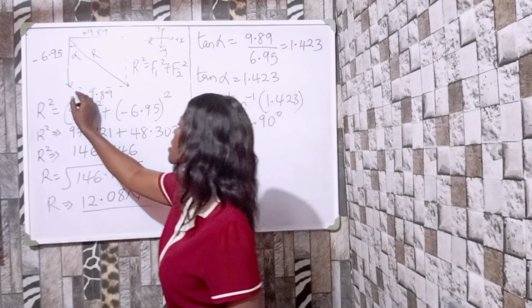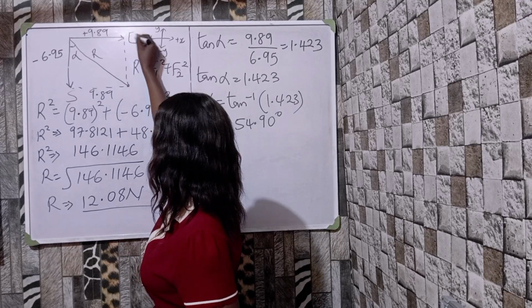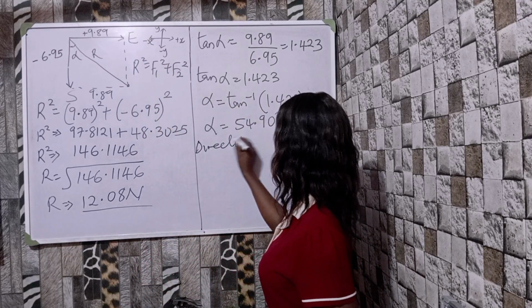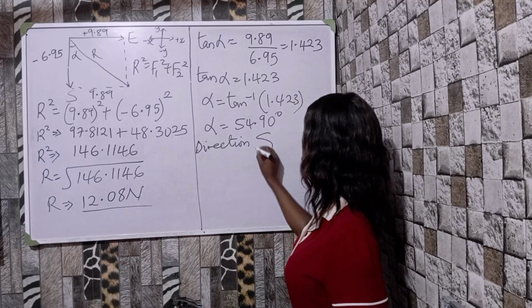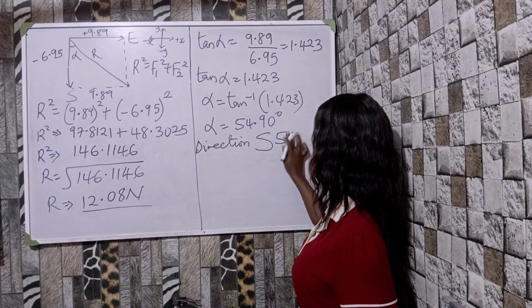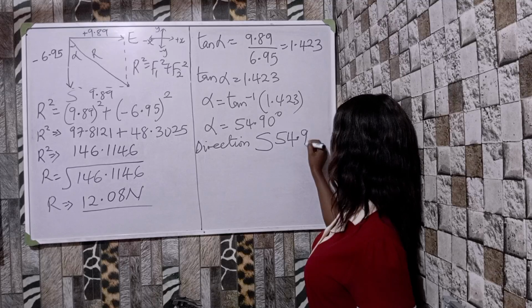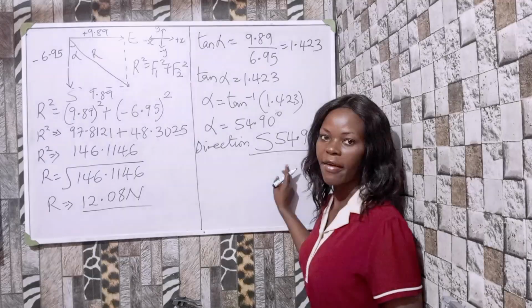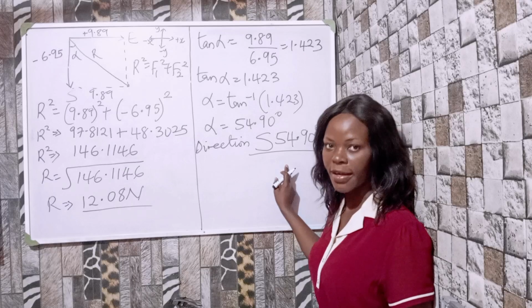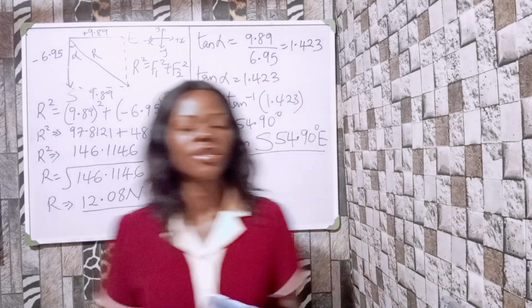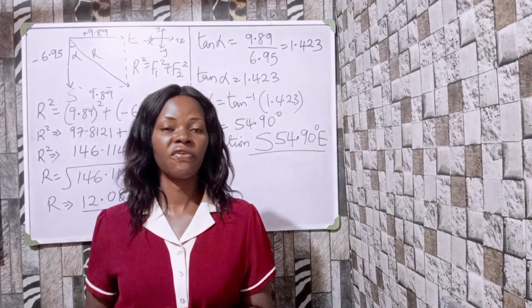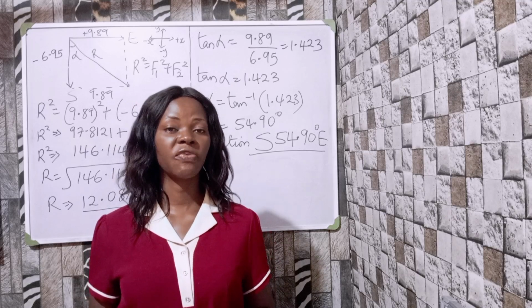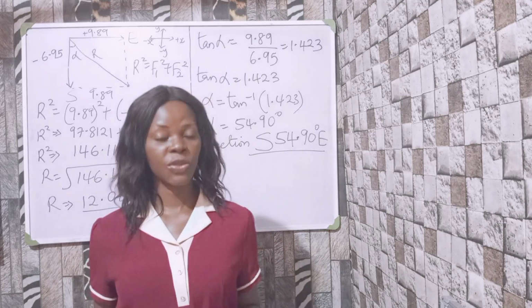So this is south, and this is east. So the direction is south 54.9 degrees east. So this is the direction of this resultant vector. I hope you understand. So this is the method we can use to find the resultant of more than two vectors inclined to the horizontal.